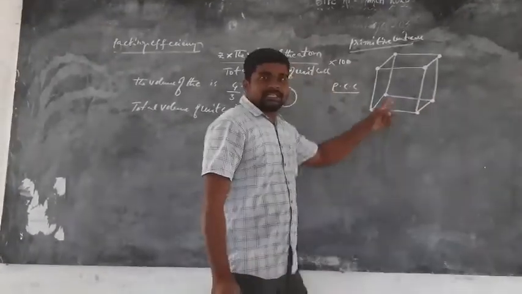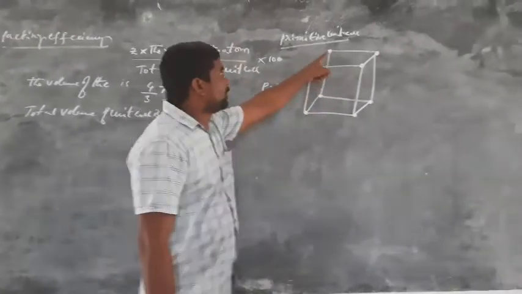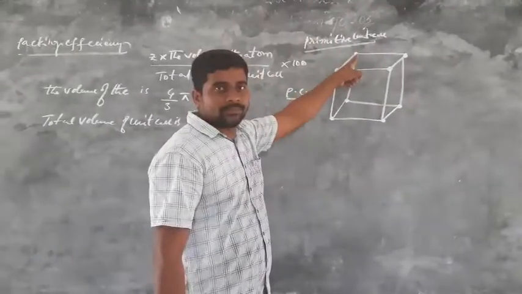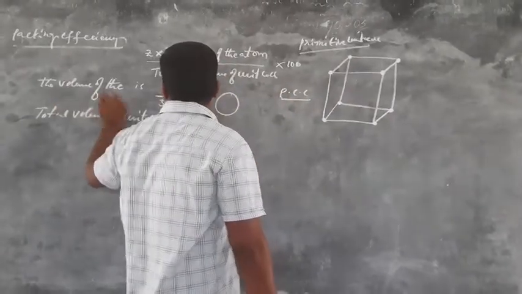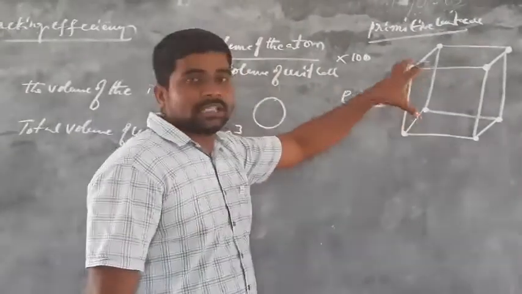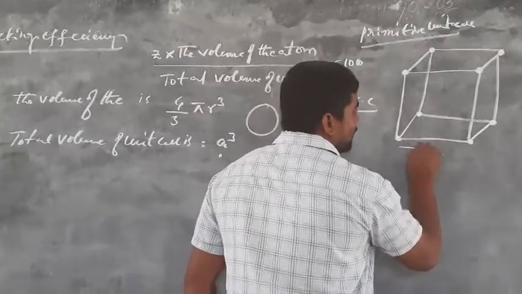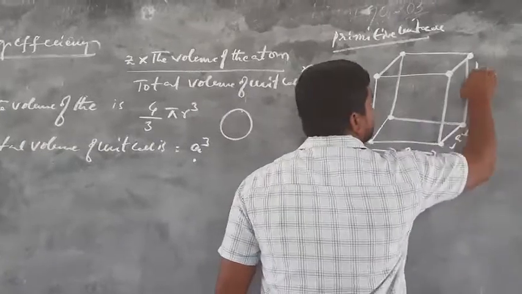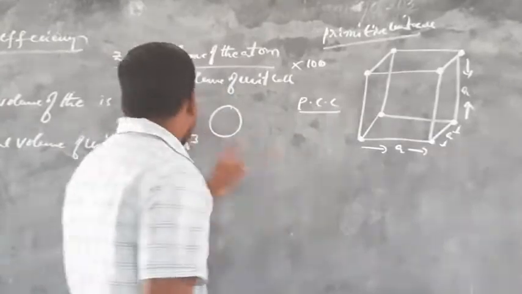The dots indicate the sphere-like atoms, whose volume is 4 by 3 pi r cube. The unit cell is a cube with side a, another side a, and another side a. a into a into a is the volume of the cube, a cube.